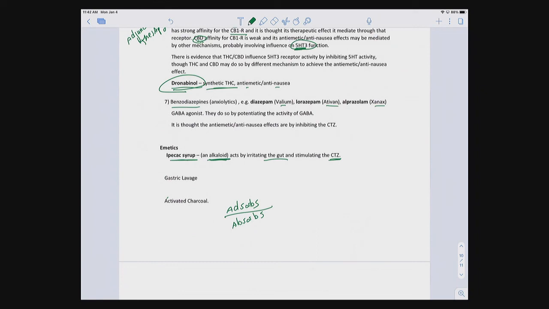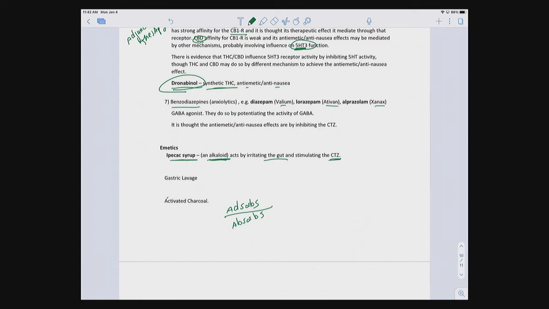Anytime you're causing somebody to vomit, particularly if they're physiologically impaired, you run the risk of them aspirating the vomit. In other words, they're inhaling it into their lungs. And of course, if you aspirate vomit, you've got a whole other set of problems. This is another risk factor for activated charcoal.